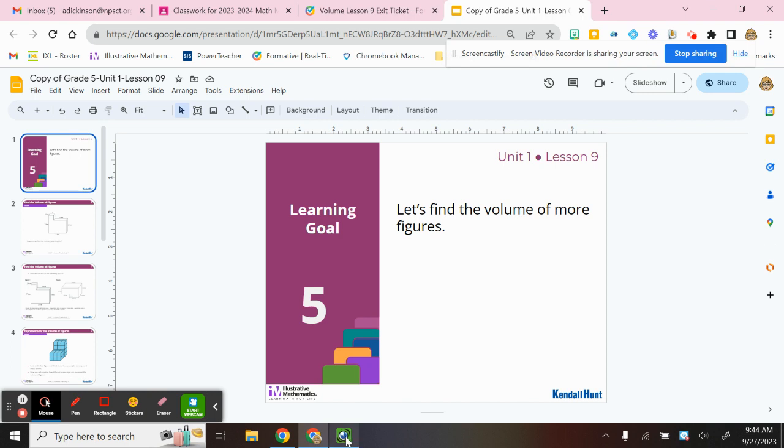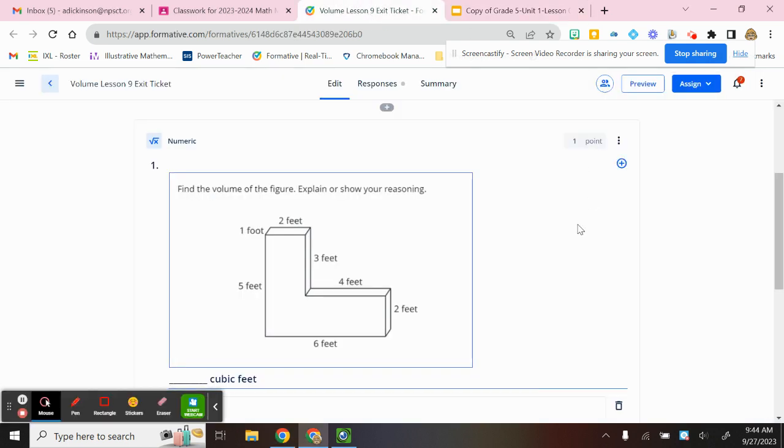Okay, after this lesson is done, I would like you to do an exit ticket that is posted in your formative. So let me click to that one now. It looks like this. This is obviously smaller numbers that might make it easier for you. Do me a favor, on the exit ticket, I would like you to cut it across right here.